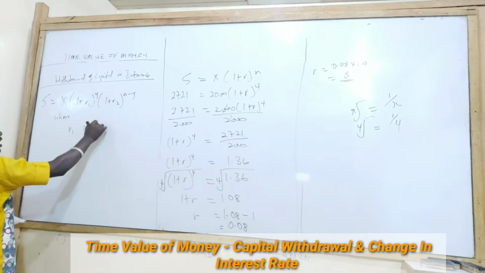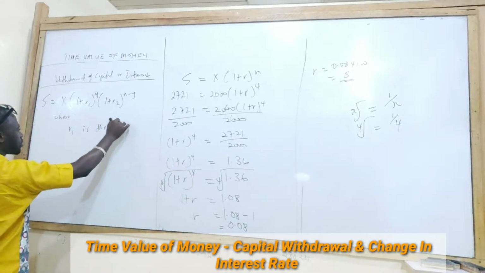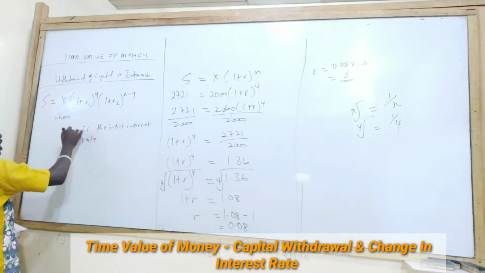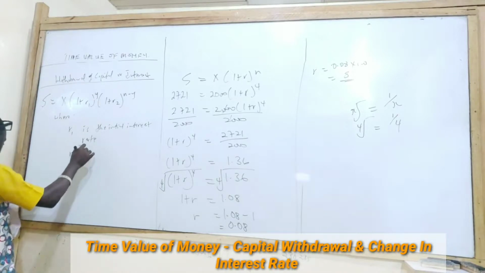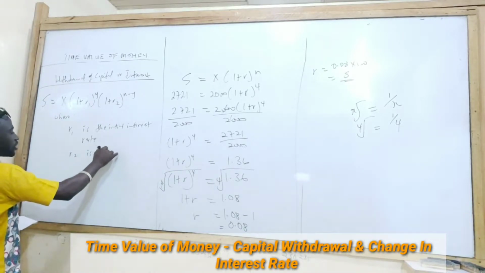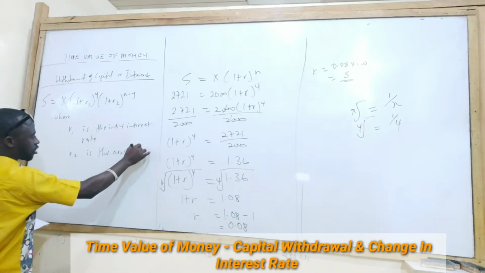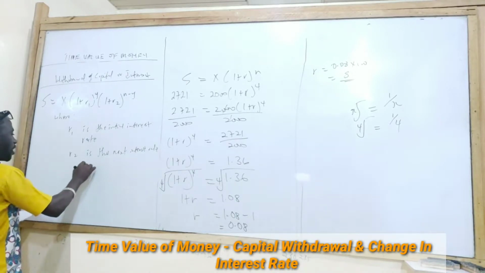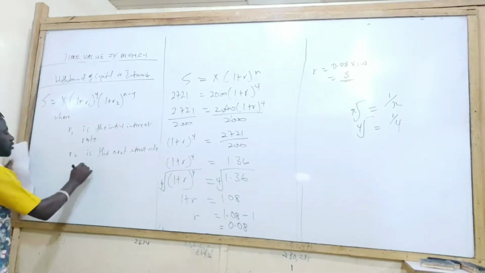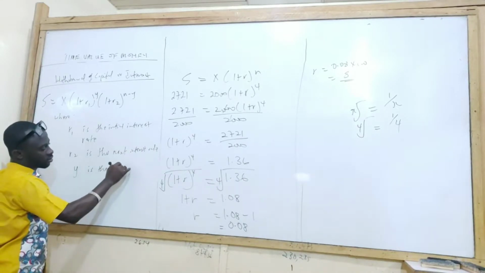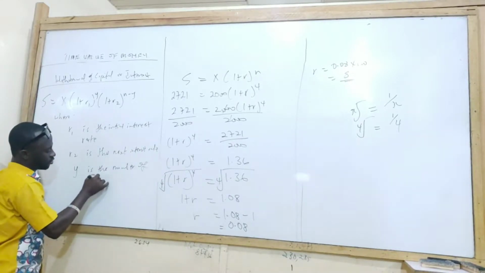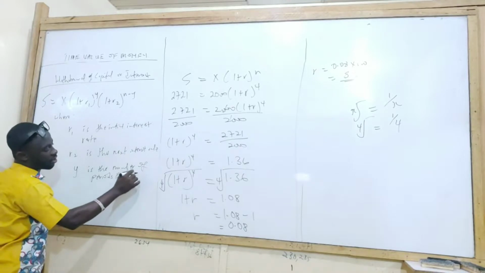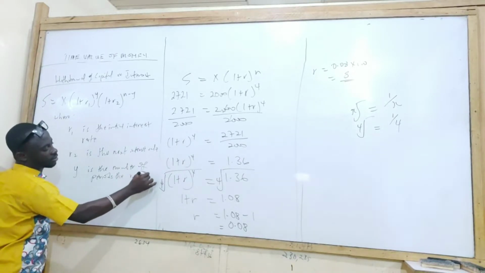R1 is the initial interest rate. R2 is the next interest rate. Y is the number of periods the initial interest rate, R1, applies.